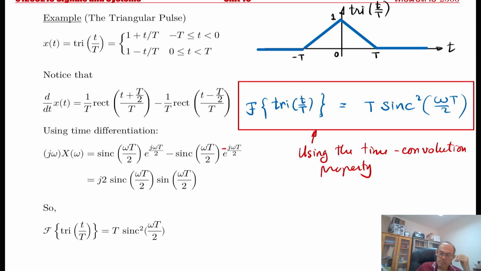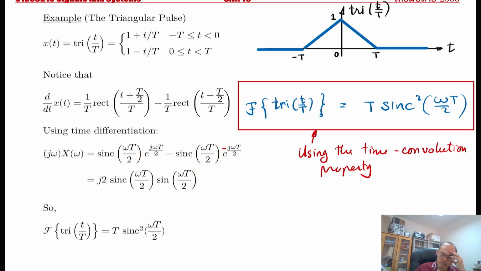Okay, and then you see the Fourier transform of a rectangular pulse is a sinc, so we have the same sinc signal, right? So we bring the sinc signal out, and the inside would be just e to the j omega T over 2 minus e to the minus j omega T over 2. And that converts to the sine signal.